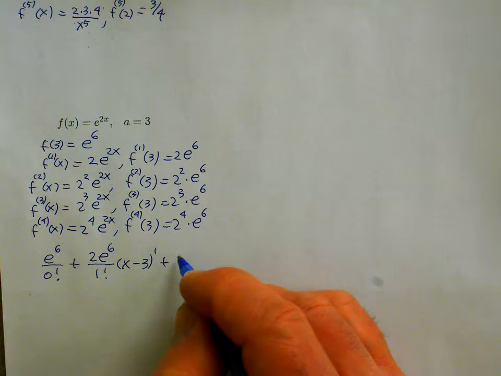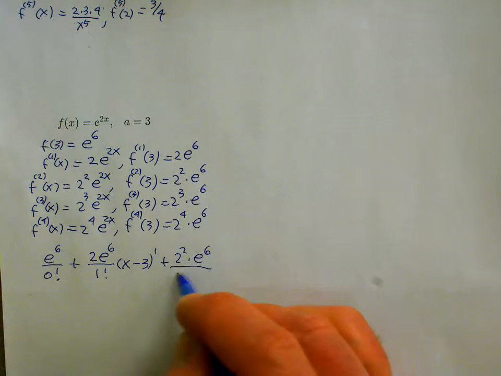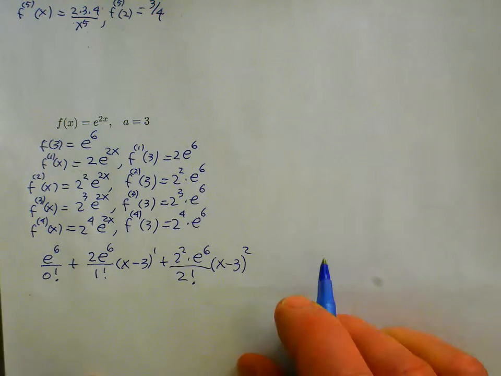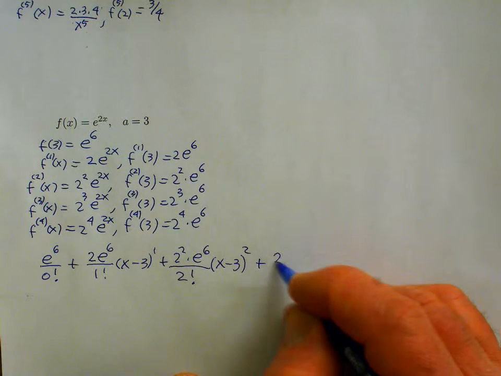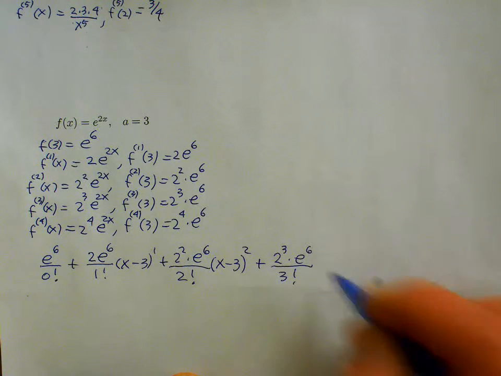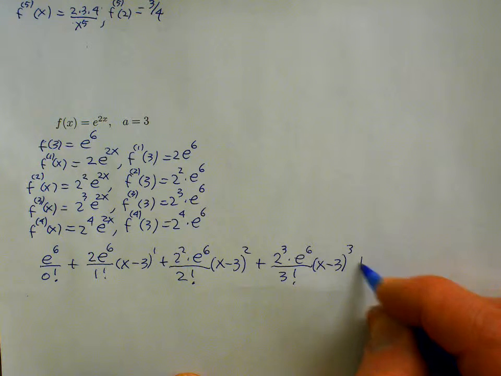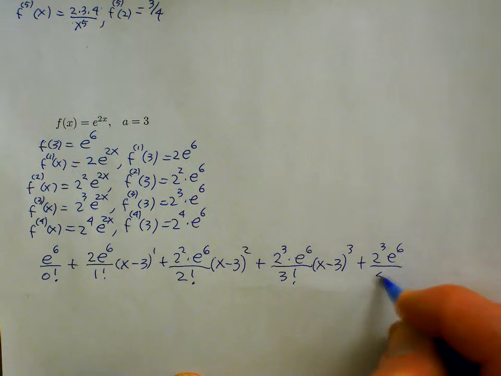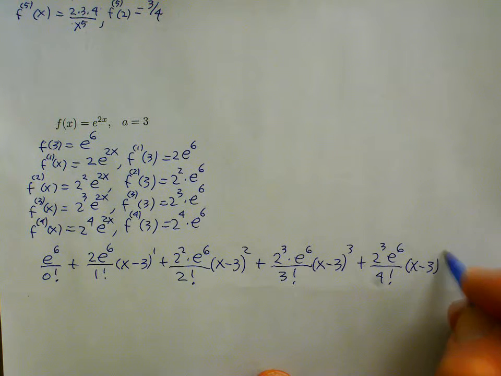Okay, then plus 2 to the second times e to the 6th over 2 factorial times x minus 3 to the second. And so on. 2 to the third times e to the 6th divided by 3 factorial times x minus 3 to the third, and then just one more, plus 2 to the 4th times e to the 6th over 4 factorial times x minus 3 to the 4th, and so on.